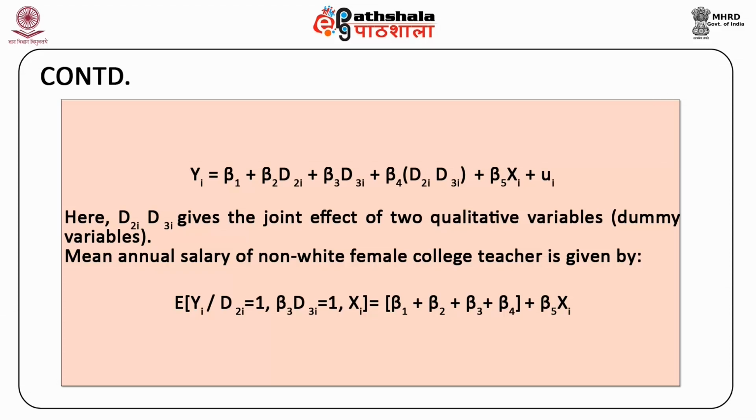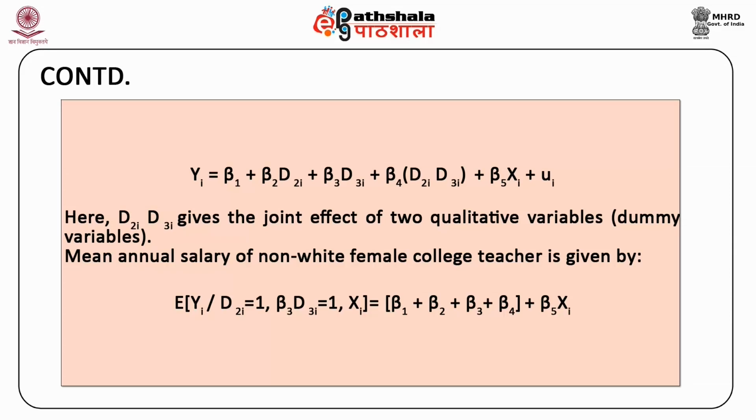Now the mean annual salary of a non-white female college teacher is given by the expected value of Yi given D2i is equal to 1, D3i is equal to 1, keeping Xi constant, and is equal to beta 1 plus beta 2 plus beta 3 plus beta 4 plus beta 5 Xi.